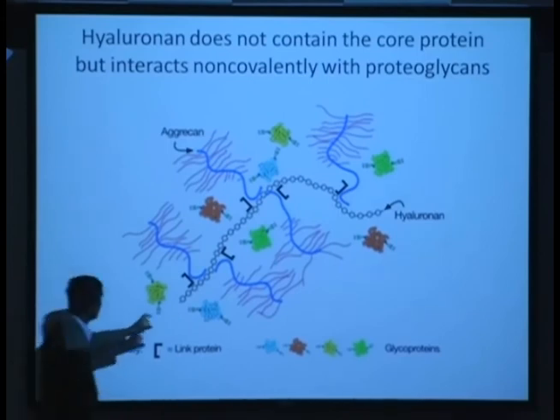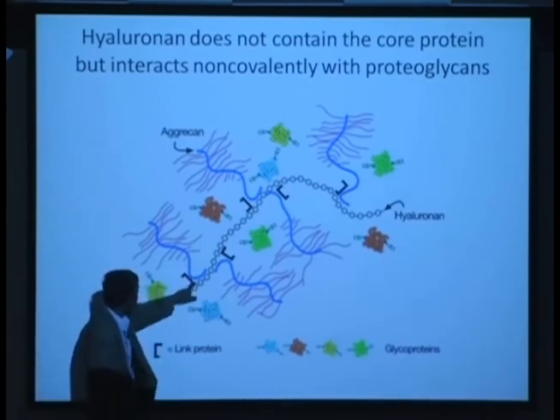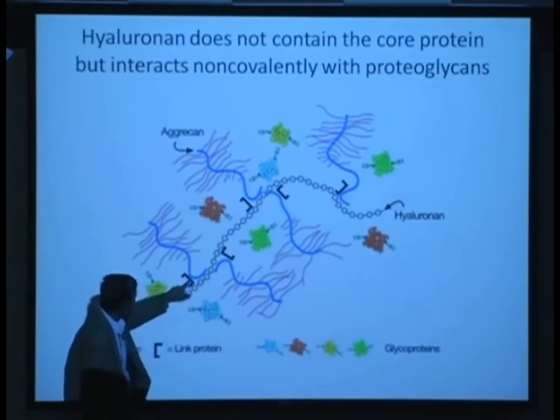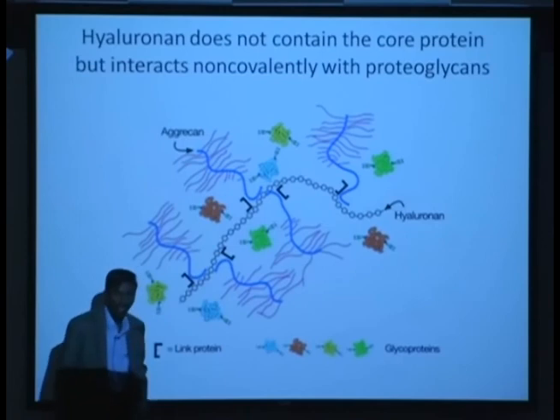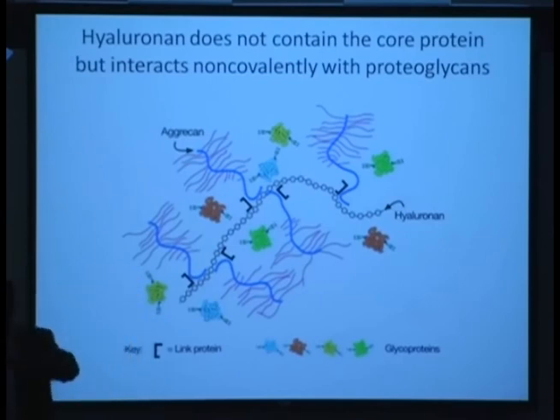This domain binds to another small protein, and it also has another domain that can bind hyaluronic acid directly. And that's how hyaluronic acid, which can go all the way up to 1 million, 2 million Daltons molecular weight, interacts.